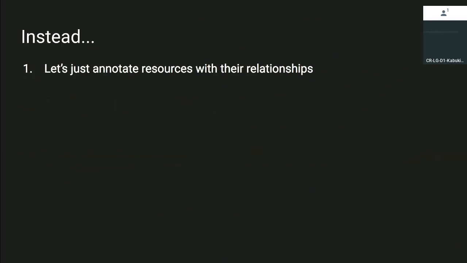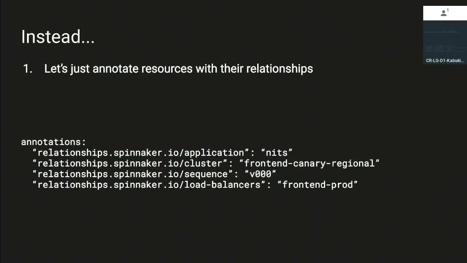So the simplest thing to do here, without going into the details of how to replace Frigga, is really just to have Spinnaker annotate the resources in the Kubernetes fashion and do that automatically for you. So in this annotations field, in every single Kubernetes resource, you can pretty much record all these relationships, and Spinnaker will be in charge of writing and reading those to the manifests, but you can supply them as well. So this is all done by Spinnaker.